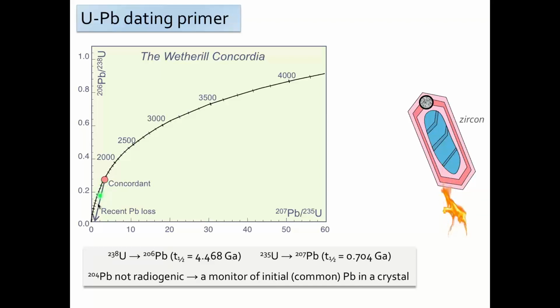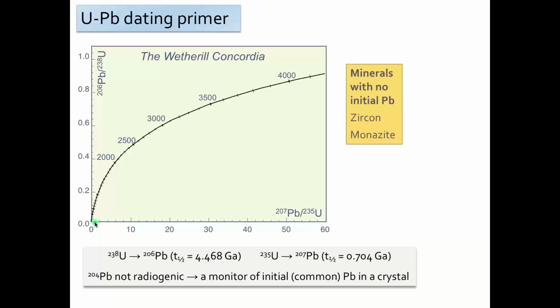So recent lead loss would drag us in this direction. Or let's imagine that our zircon had variable amounts of lead at the time of crystallization. In this case, we'd have a discordia plotting out towards common lead. So you can move around in Concordia in a variety of different ways, and precise laser ablation ICP-MS targeting of different components can help resolve these issues.